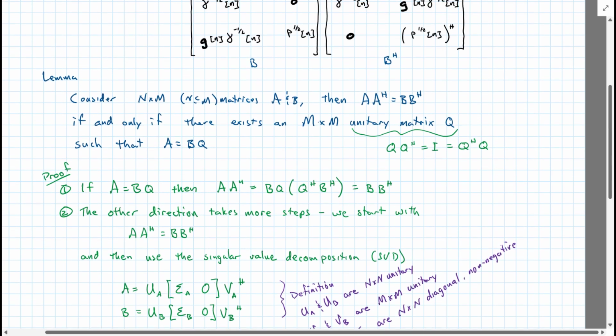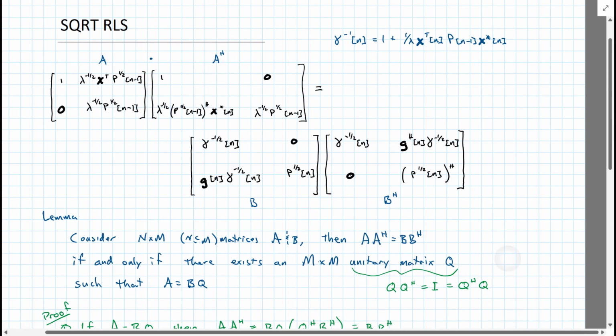Let's go through this once again. We defined these, if you will, crazy matrices A and B based on our factorization of P using the Cholesky decomposition into square root P matrices. And these square root P matrices are triangular matrices.